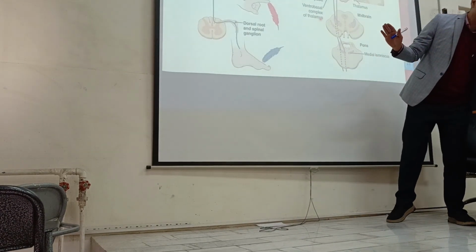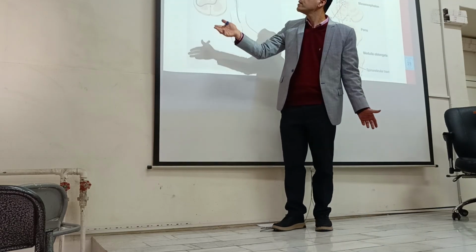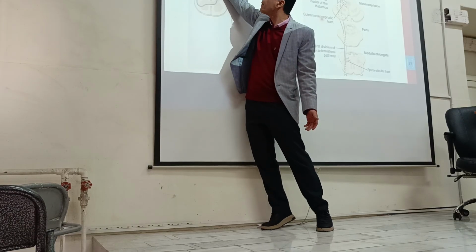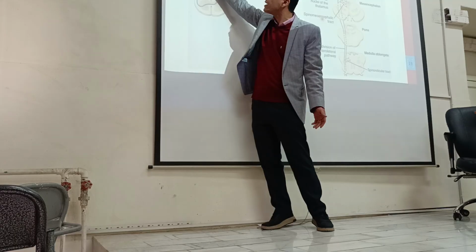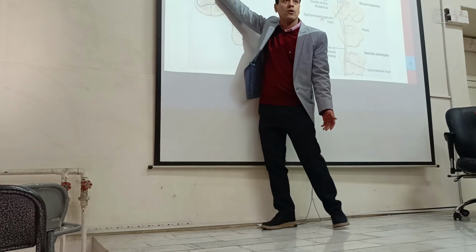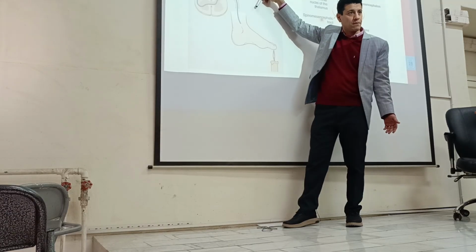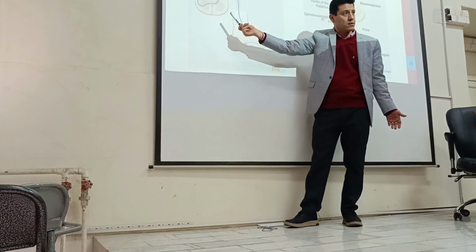But if we take the same look at cervical segments in the anterolateral system, fibers that are here originate from the opposite side of the body. Why? Because of this crossing.